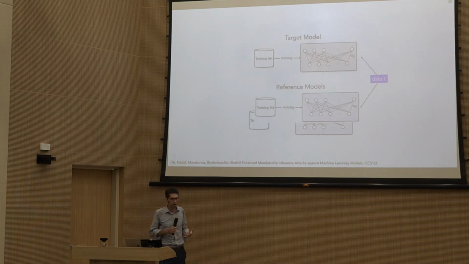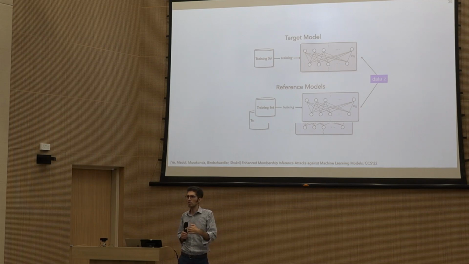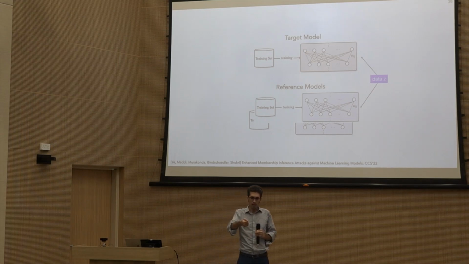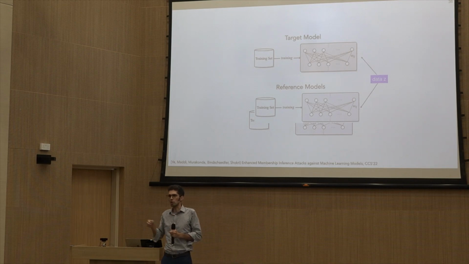Instead of looking at the loss distribution of the population data on the target model, we look at the loss distribution of the target data point on some reference models which are not trained on that data point, right? So the question is what is the output of the model that I'm attacking on Z versus the error of the other models which are not trained on Z, right?